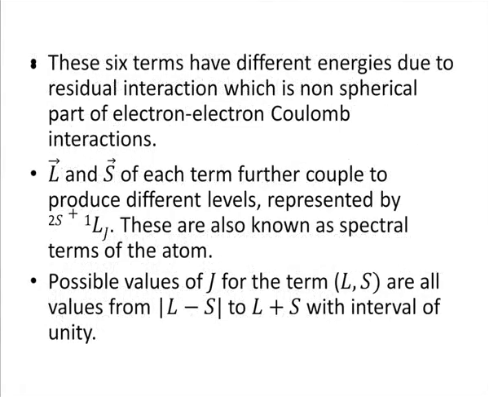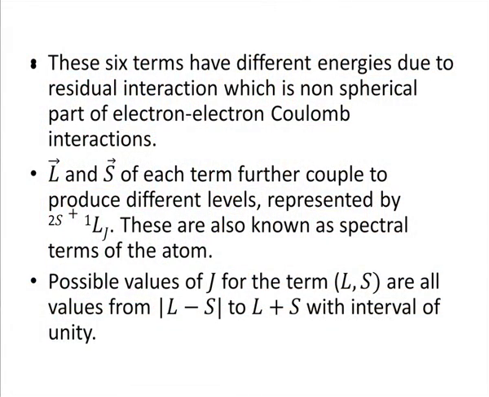Now, these 6 terms have different energies due to residual interaction, which is the non-spherical part of electron-electron Coulomb interaction. Capital L and capital S of each term further couple to produce different levels represented by 2S plus 1 upper script, L and J lower script. These are known as spectral terms of atom.